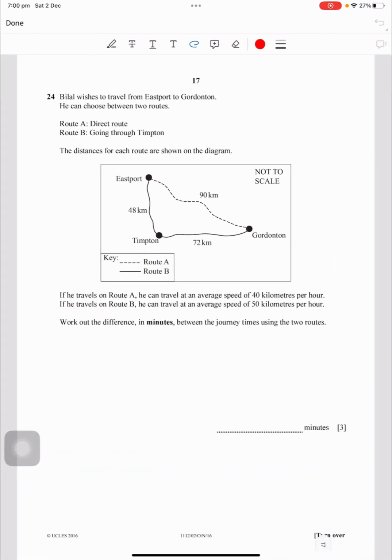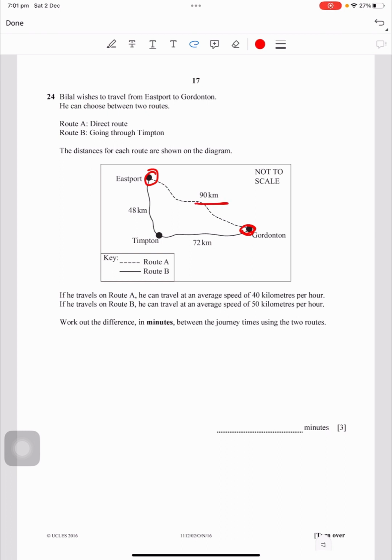Okay. Question number 24. Bilal wishes to travel from Eastport to Gordonton. So he can choose between two routes. Route A is the direct route, and route B goes through Timpton. The distance for each route is shown on the diagram. So from Eastport to the destination, it is 90 kilometers.